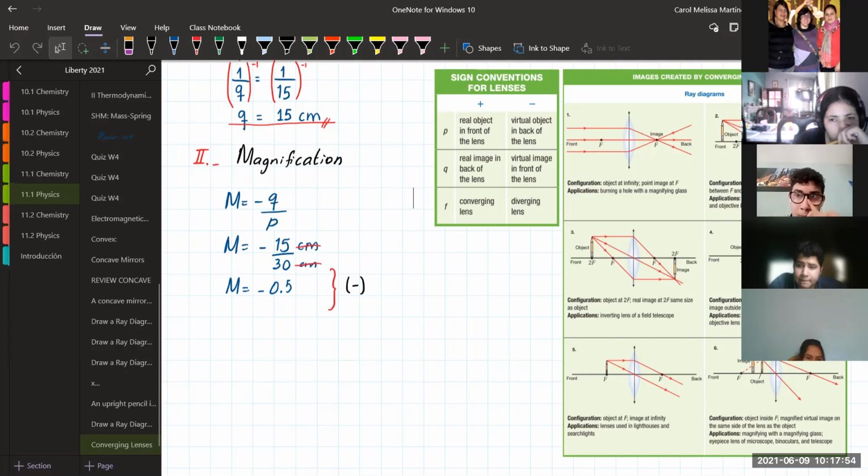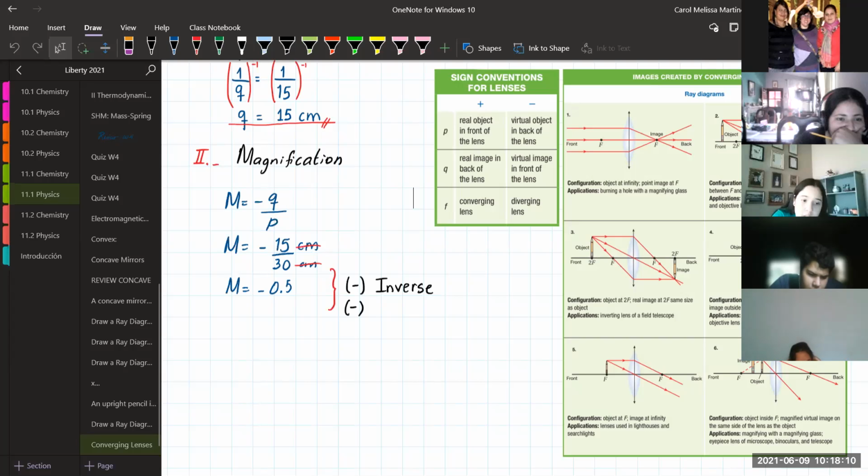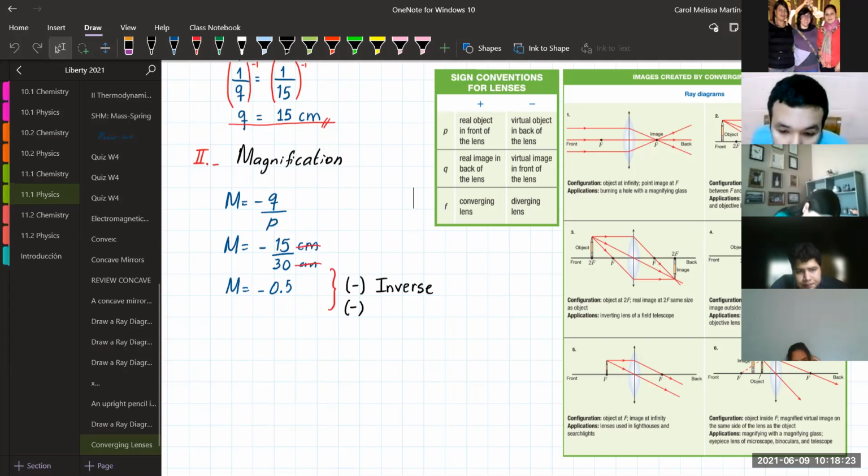It will be inverted. It's going to be inverse. What else does a negative mean? It will be behind. But the negative means that the image is going to be real or virtual. Virtual. The negative means that it is a real image.